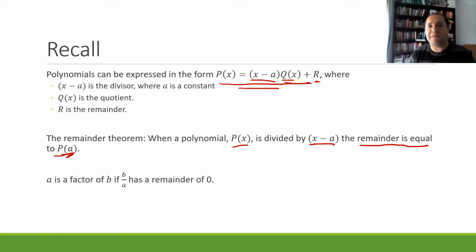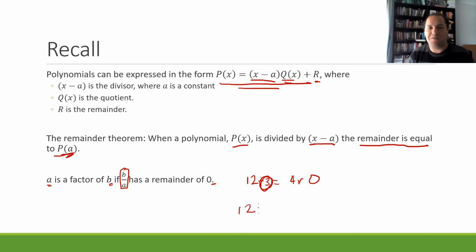A final thing to remember, covered in previous maths courses and learnings, is that some number a is a factor of b if b divided by a has a remainder of 0. Just considering that, if you've got 12 divided by 3, that's 4 remainder 0, then 3 is a factor of 12.